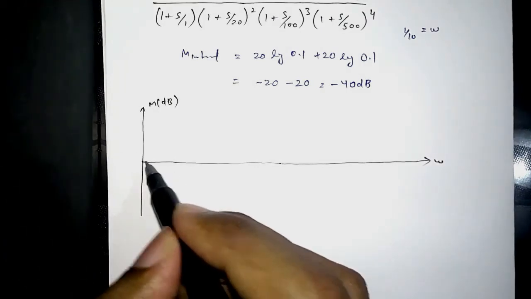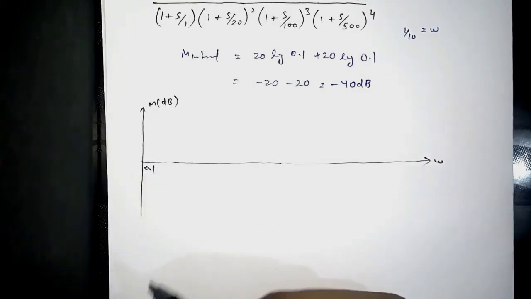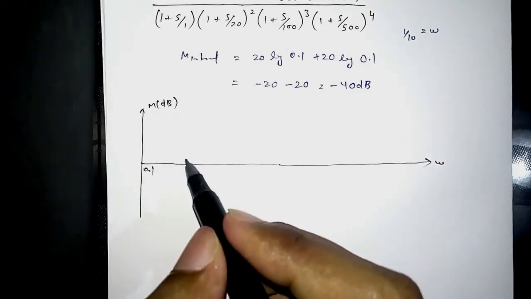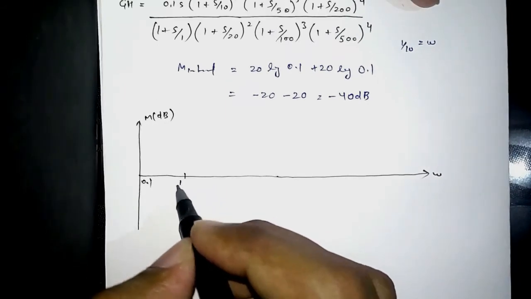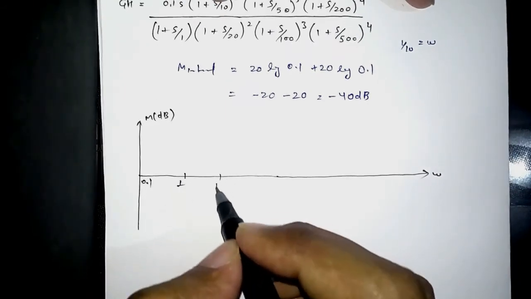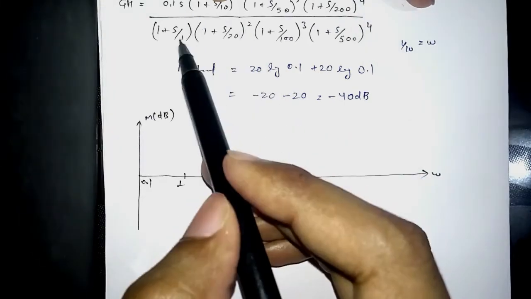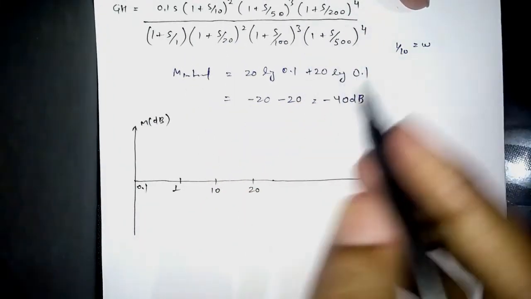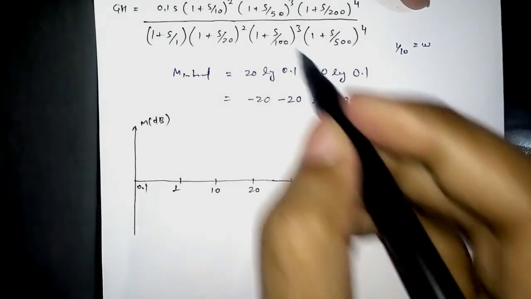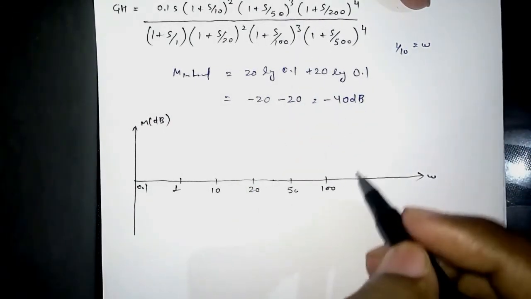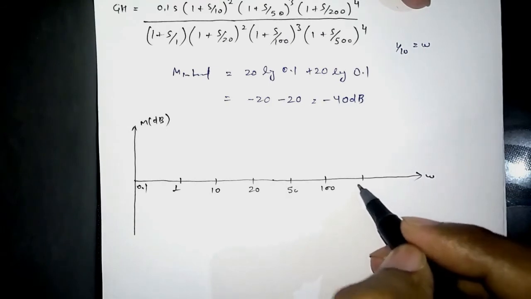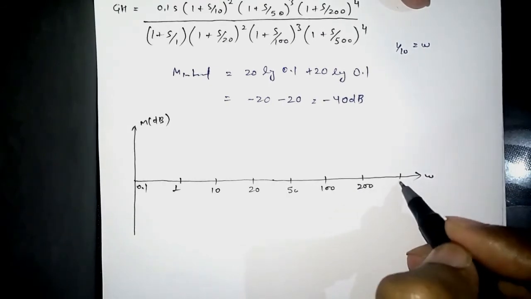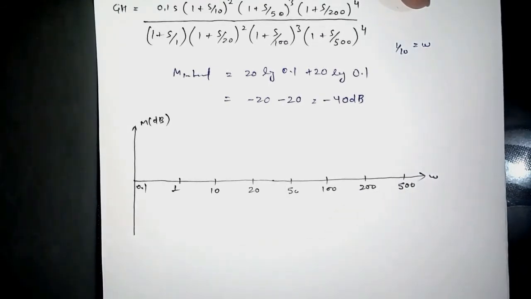This is omega, this is magnitude in dB. This is 0.1 here, then we have 1, 10, 20, 50, 100, 200, 500.